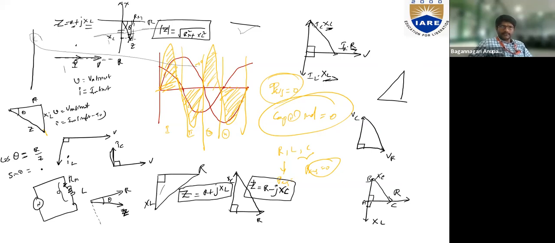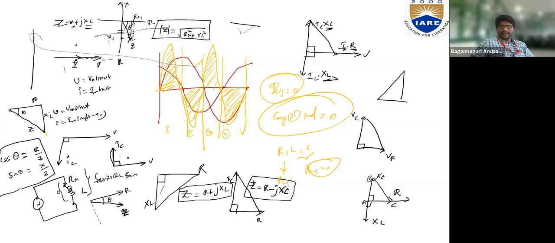What is the opposite I have? XL by Z. So we can employ these equations when we have some combination of R and L. That I can call a series RL circuit, right? Series RL circuit.